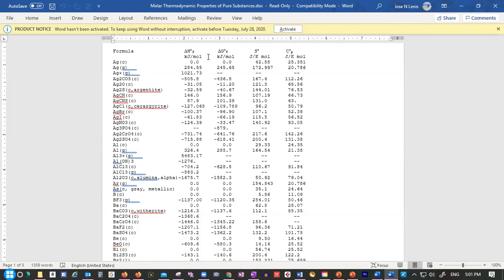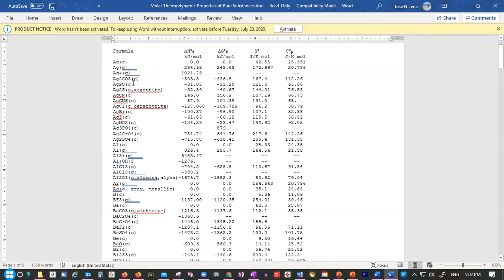Some engineering data tables even give you values in BTUs, in the British system. So double check that you have the right functions you need, the right units, and you choose the right state, the right phase of the substance.